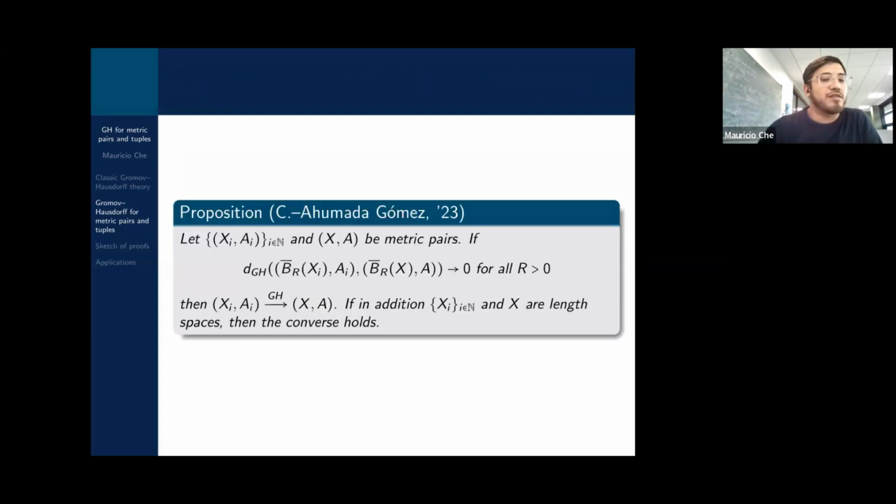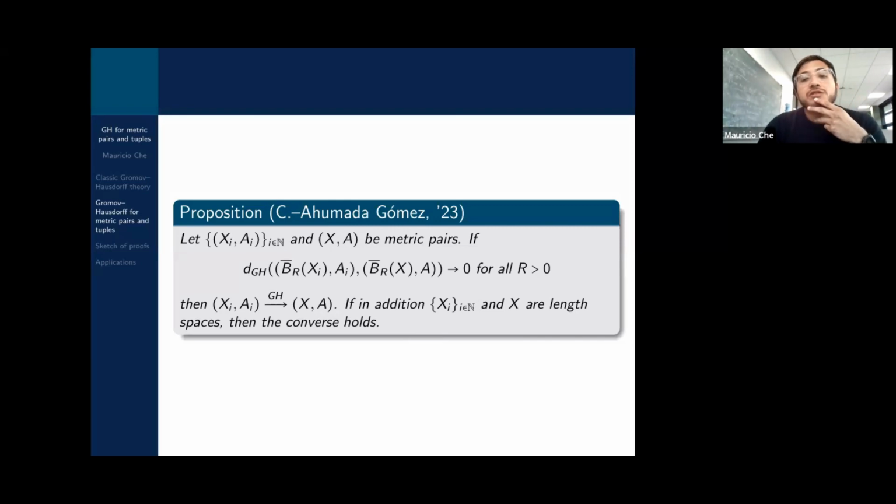And we got a similar result as we did in the pointed setting. If we have a convergence of balls in the sequence for any radius r, then the corresponding sequence converges in the previous sense. And if in addition the spaces are length spaces, then the converse also holds.